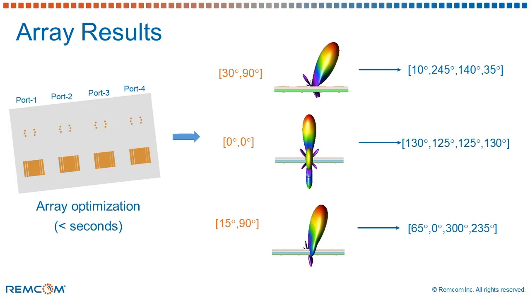And similarly, we have two other beams that are generated for different directions, for which the individual port phases are available as the output of the optimization.